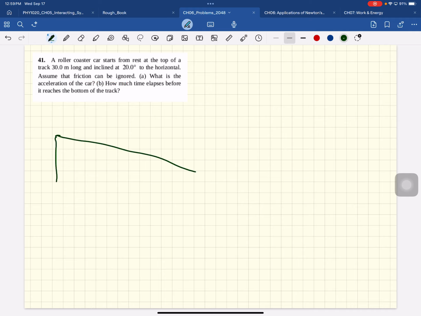You did an experiment, the Monday folks did this experiment, and we want to find the acceleration. You remember the acceleration down an incline is A equals G sine theta.